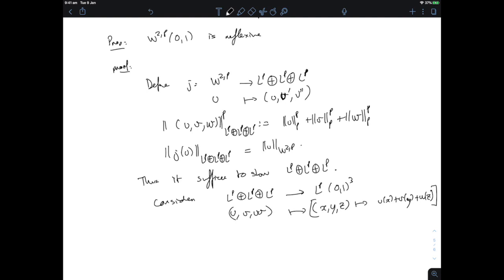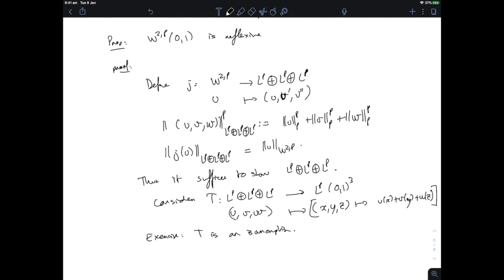Right. And now I'm claiming that this map T is an isomorphism of Banach spaces, and I'll leave that as an exercise. I'm not claiming it's isometric, but just an isomorphism of Banach spaces. When you compute the L^p norm of this thing, this is actually quite easily controlled by the sum of the L^p norms of u, v, and w, and this map is obviously linear.